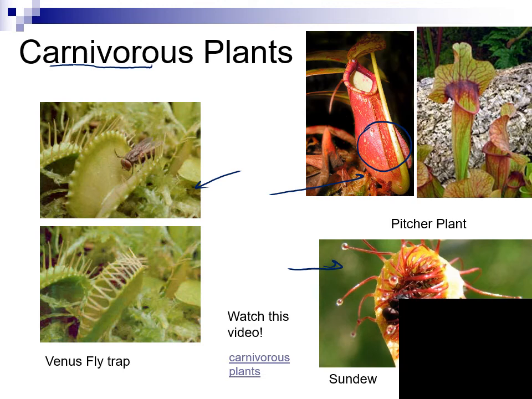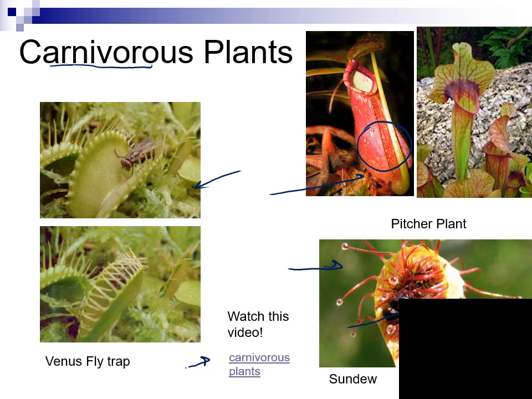And then in the sundew, if a worm or a bug crawls across the sundew, basically the whole sundew folds over, it gets really sticky, produces enzymes, and that little fly or worm, an inchworm or something, will be digested by the sundew. So this is a pretty good video, just looking at some of the examples so you can see those plants in real life. So take a look at that if you have a chance.